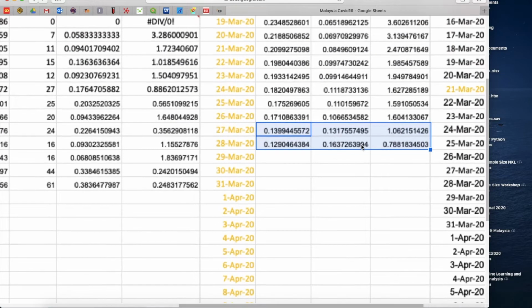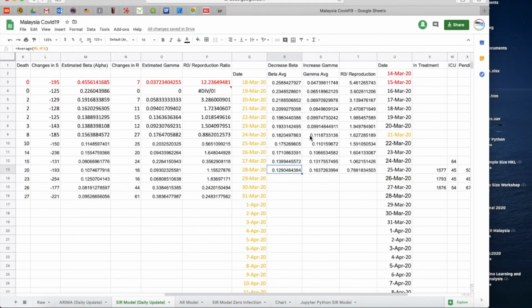If you see here, for the beta and gamma, we need to decrease the beta, which means the transmission rate, and we need to increase the gamma, which is the recovery rate or the remove rate. Even though the remove rate also considers death, I believe the more appropriate one will be the recovered one.